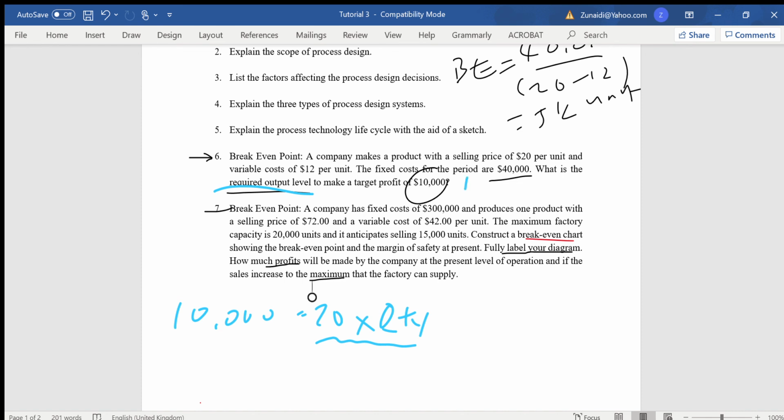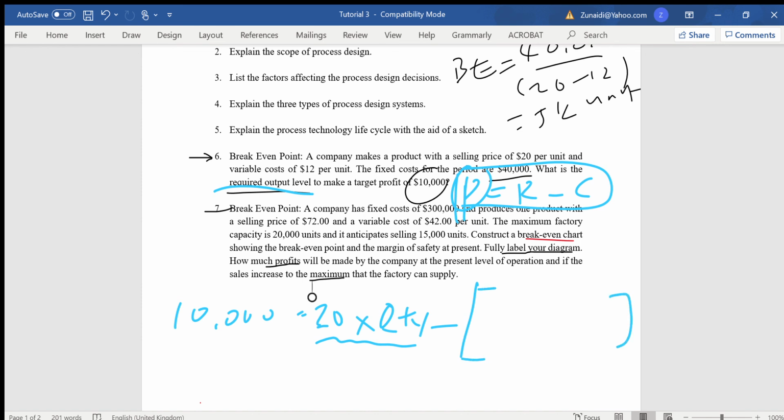For the profit, actually P profit equal revenue minus cost. That is the formula for the profit. So we know the profit is 10K. Revenue is the selling price multiplied by quantity. We get the revenue minus the cost. The cost here you have two costs.